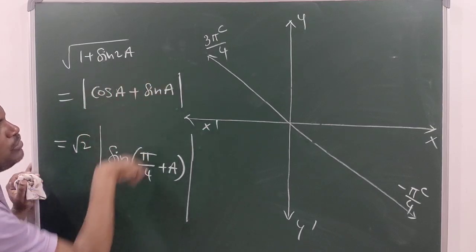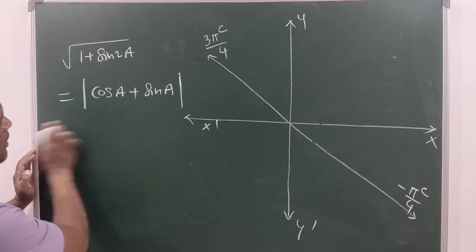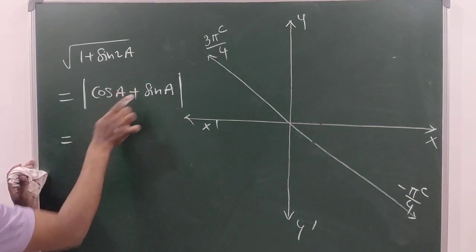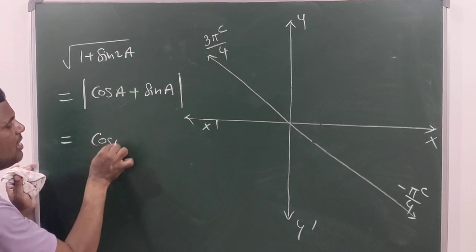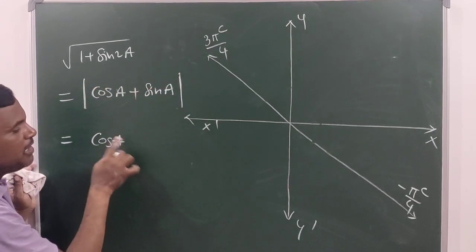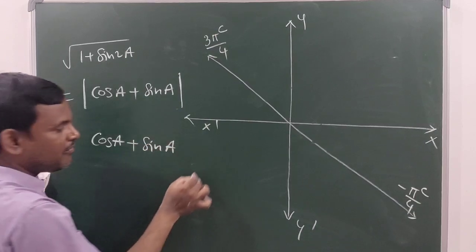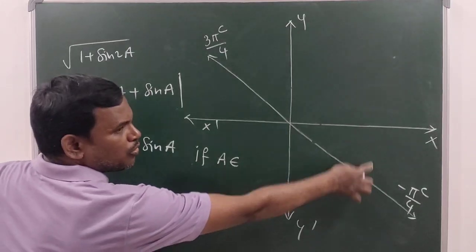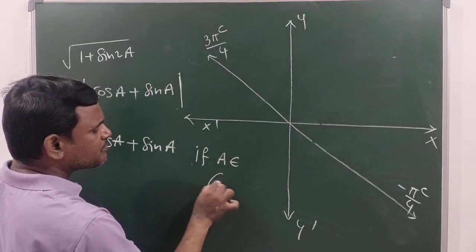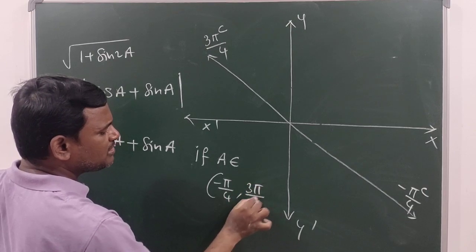So here when you remove this modulus symbol, what you people have to write? Plus or minus. Am I right? Plus or minus. Now plus means, when you remove this modulus symbol, here you have to write cos A plus sin A, if angle belongs to the open interval of minus 45 to plus 135.